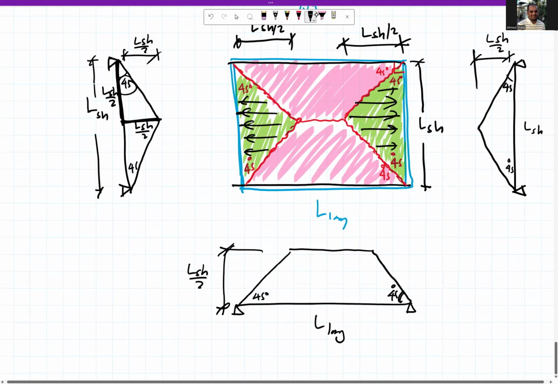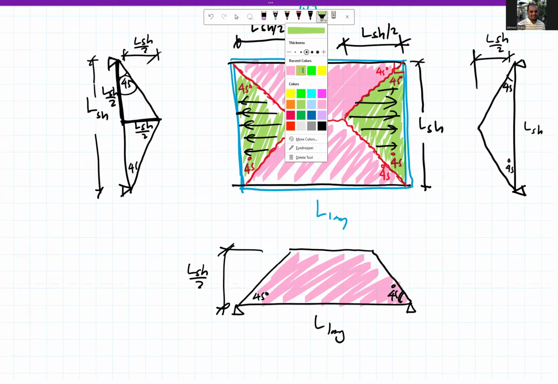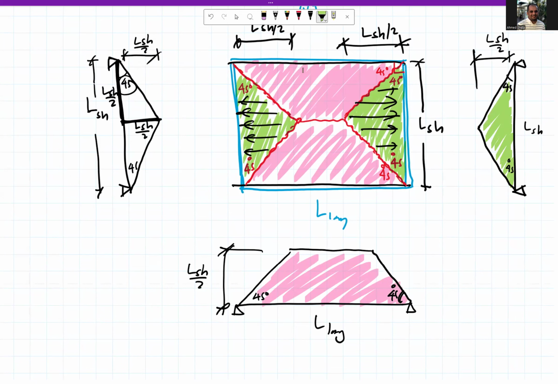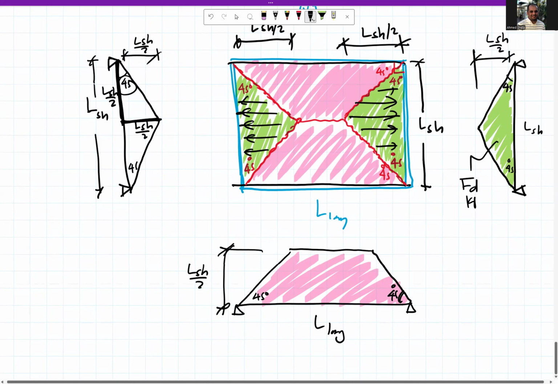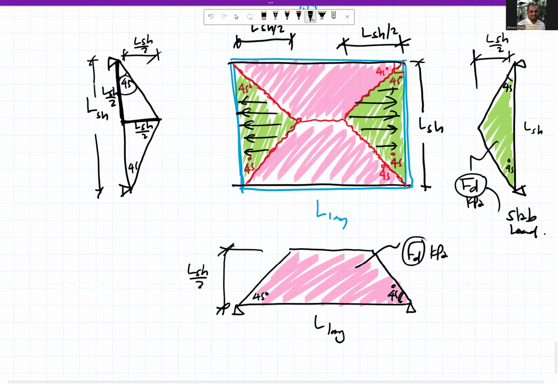So this is our trapezoidal here, and this is our triangle here. The load on this triangle is FD in kPa, because this is a slab load. Okay, so this is how to distribute the loads on a two-way slab.